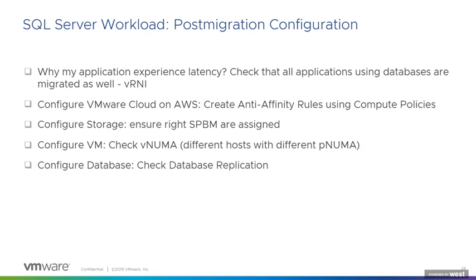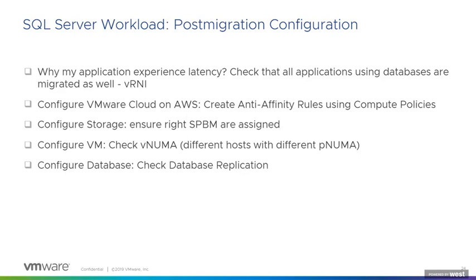VNI, vRealize Network Insight, is a primary tool to check your network traffic dependencies, and it's supported with VMware Cloud on AWS vCenter. Ensure that all required compute policies are in place, recreating your anti-affinity rules so that the nodes of your availability groups cluster or FCI nodes will stay separate, running on different hosts in different AZs if you're leveraging such a cluster.